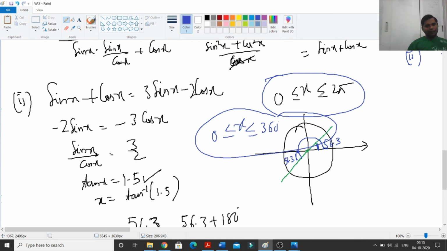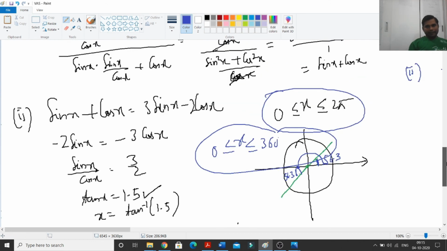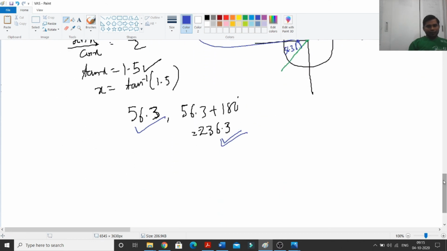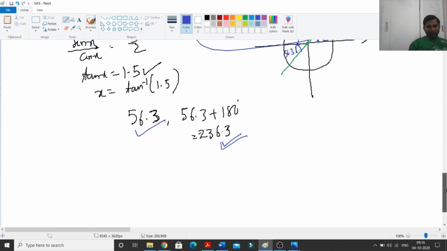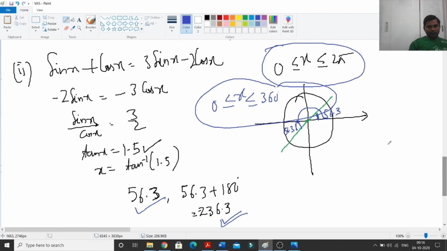If the domain is given in degrees, you write the answer in degrees in the exam. Here I wrote the answer in degrees because I haven't taught you radians in detail. So there should not be any confusion, and make sure you write the answer in the form they have asked in the question.